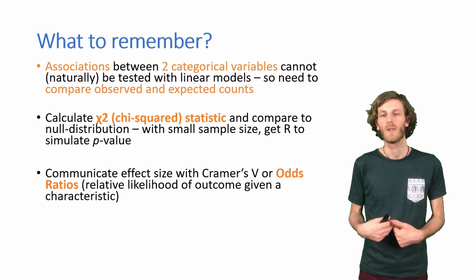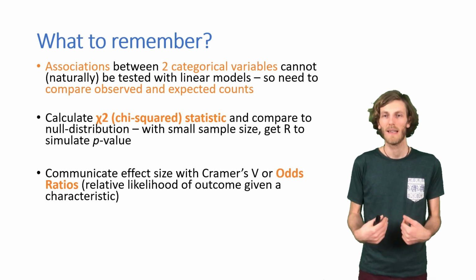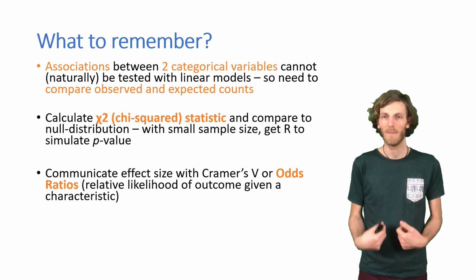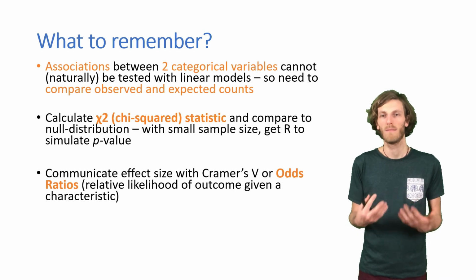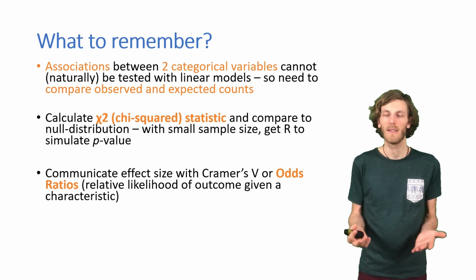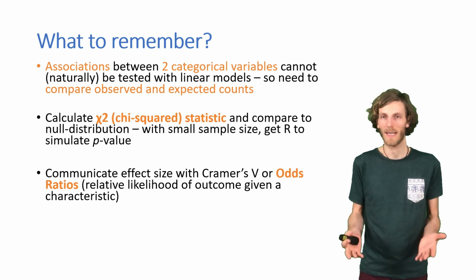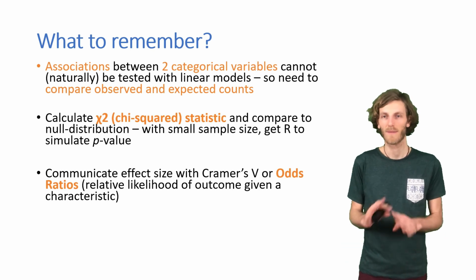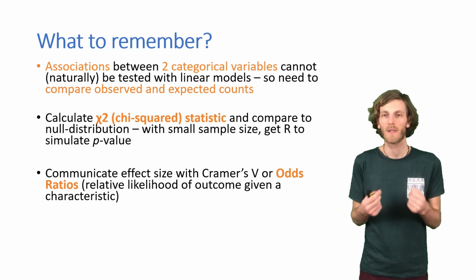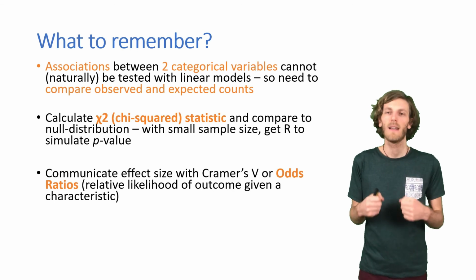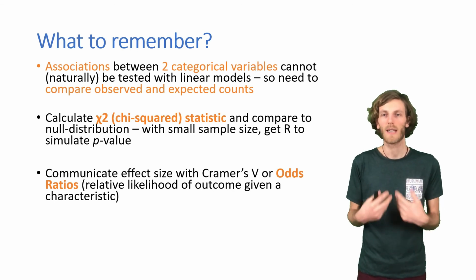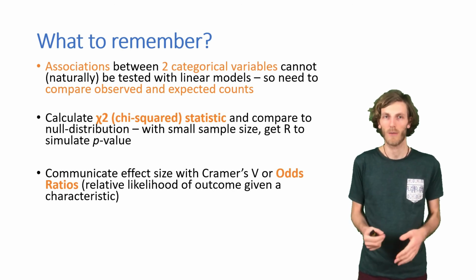An odds ratio would be saying, if you are a man, you are 20% more likely to be in some kind of management position. Completely made up numbers, but those are the kind of effect sizes that we would want to calculate because they're good to communicate.